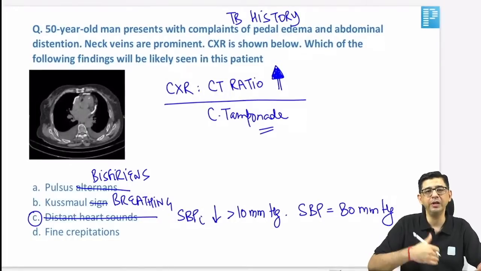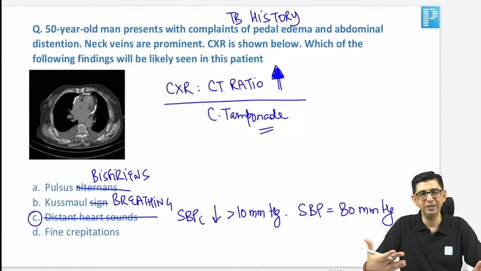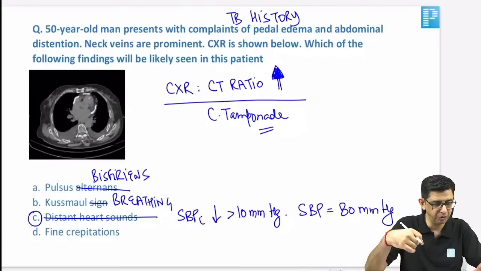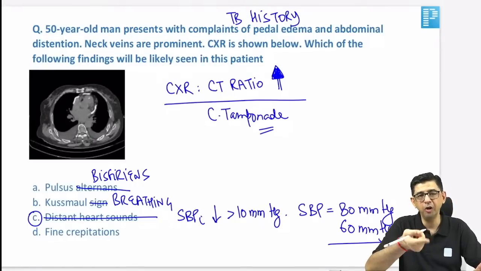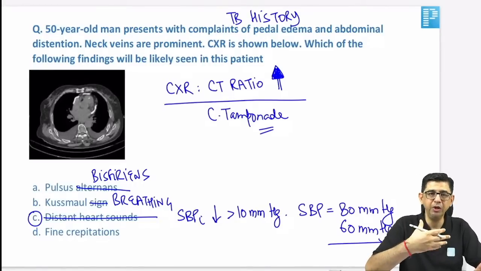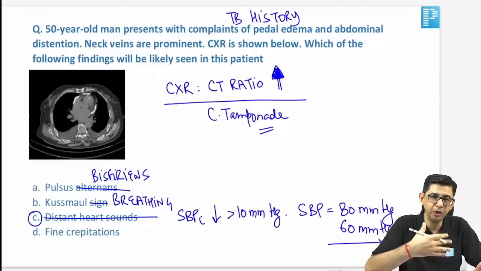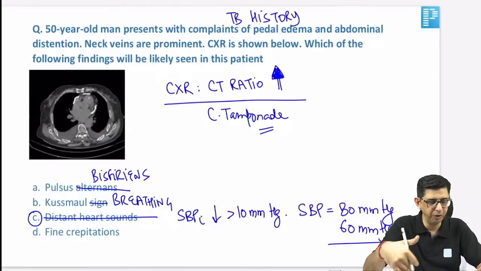There's going to be hypotension, there's going to be pulsus paradoxus present, and the way he described that in the question was an inspiratory fall in systolic blood pressure, or maybe an absolute value of systolic blood pressure was given. Yeah, Khan Samir summarized it. This inspiratory fall was given between 80 and 60 millimeters of mercury, so you can see that is a fall of more than 10 millimeters of mercury. The definition of pulsus paradoxus is an inspiratory fall in systolic blood pressure of more than 10, technically more than 12 millimeters of mercury.